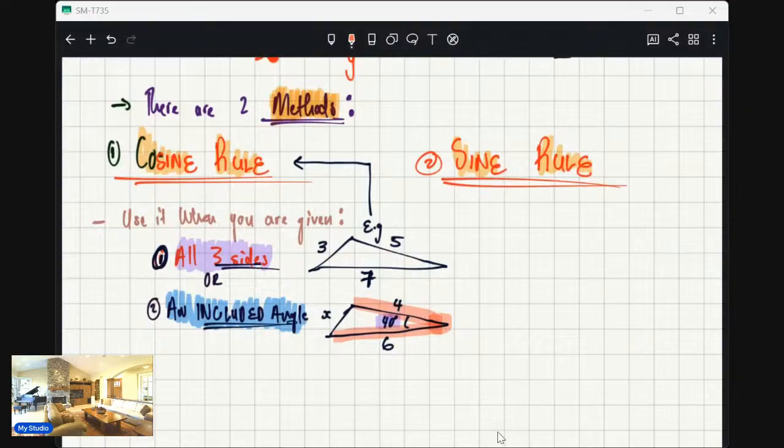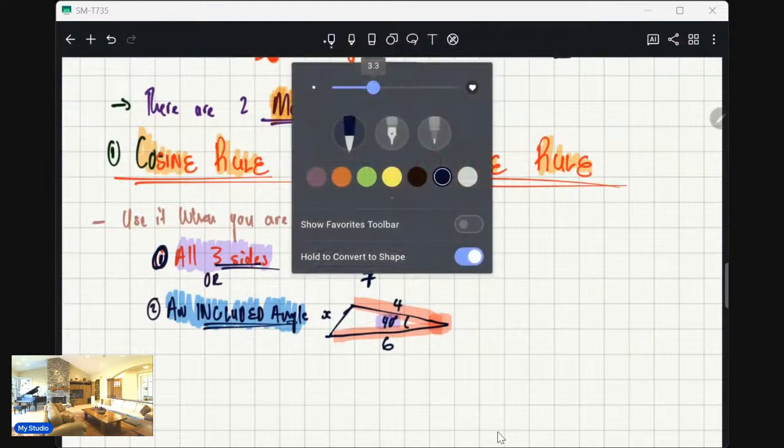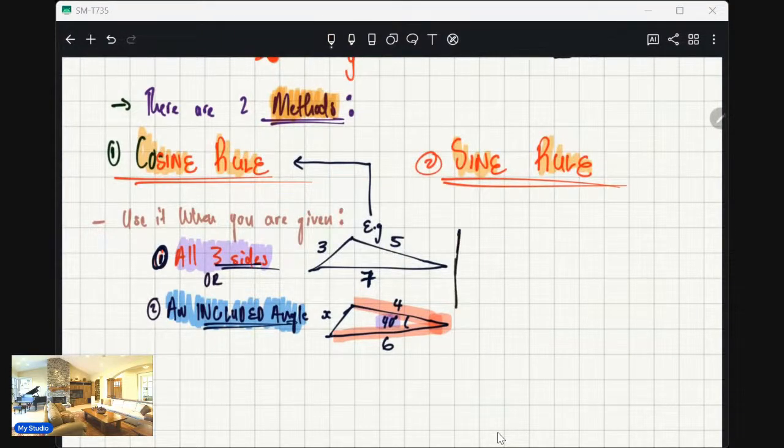So it is an included angle. If they ask us for the missing side or whatever, we use the cosine rule again, because you have an included angle and it is a non-right angled triangle.